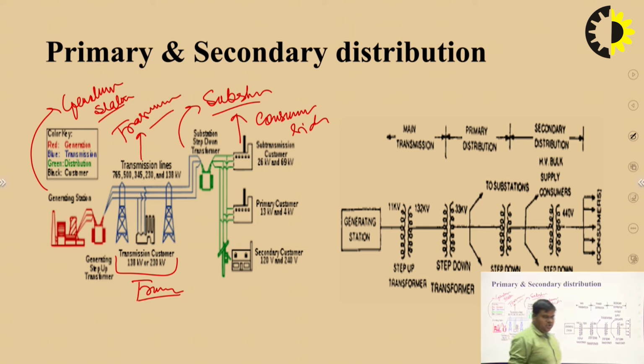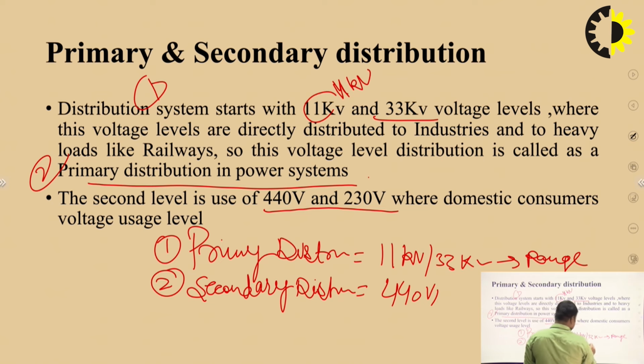And if we talk about the secondary distribution, that is 440 volt or 230 volt. This is to be treated as the secondary voltage that is used for domestic or small scale purposes.